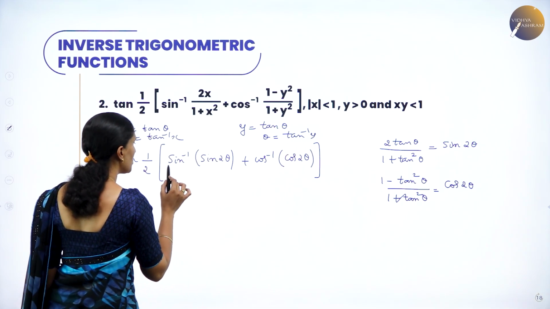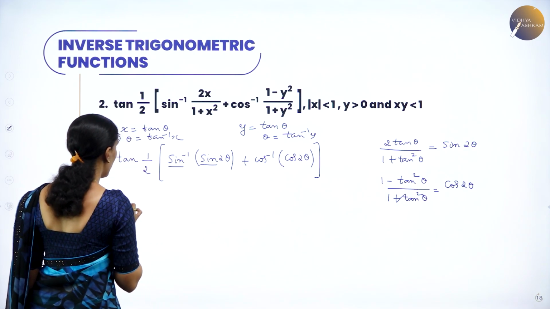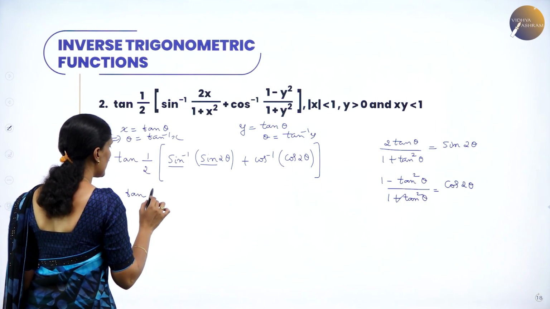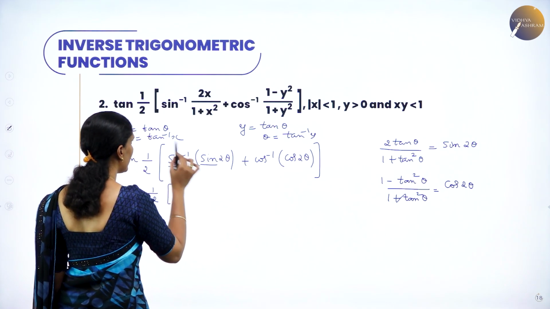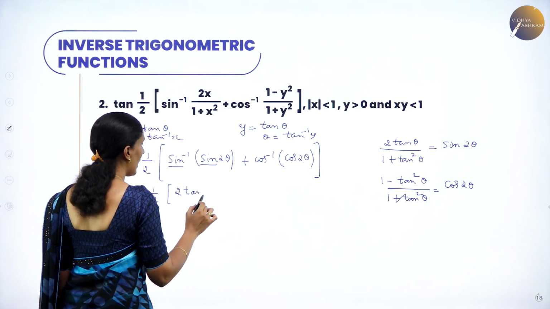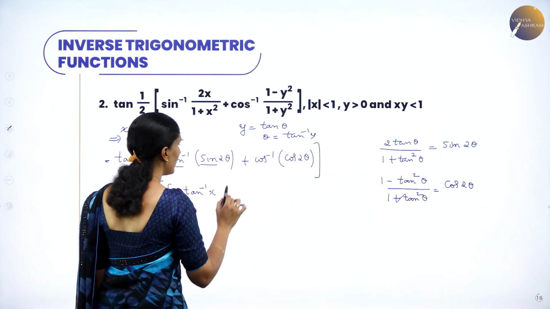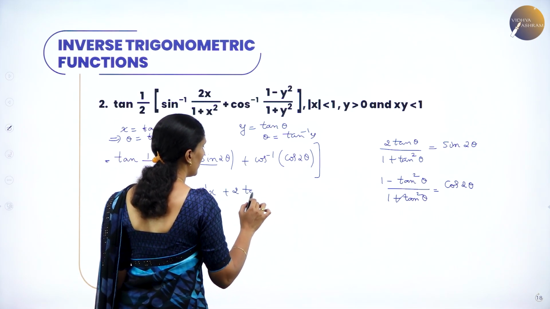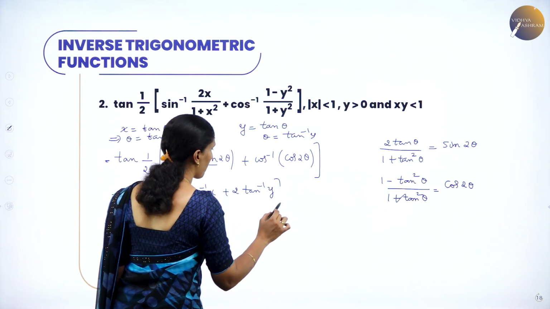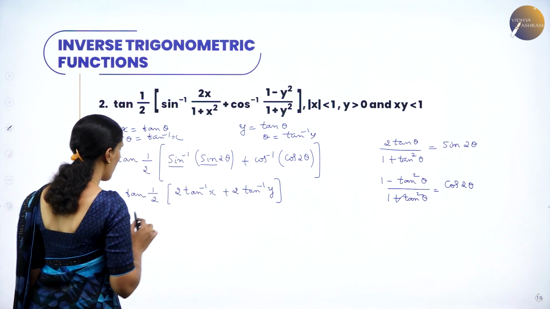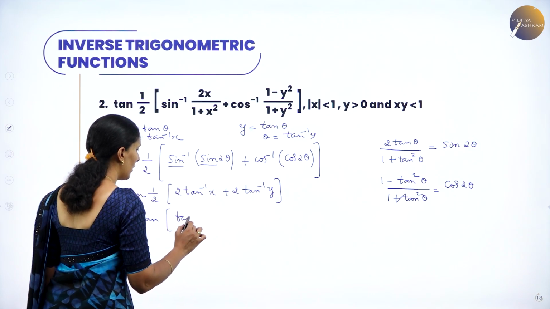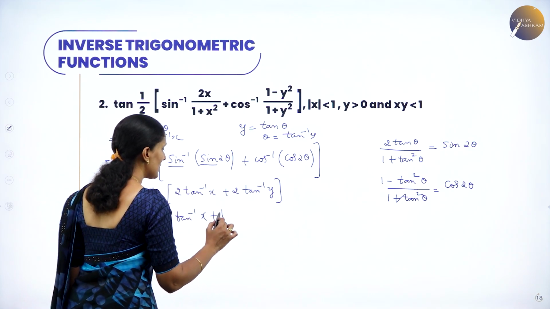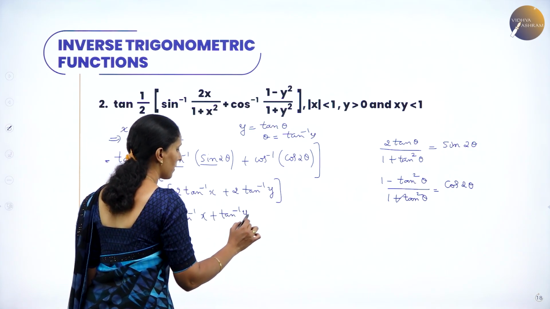So for this function, sin inverse of sin, we will get this as 1 by 2 into 2 theta. What is theta here? It is tan inverse x. And here this becomes 2 tan inverse y. And 2 is common here. Then this becomes tan of tan inverse x plus tan inverse y.